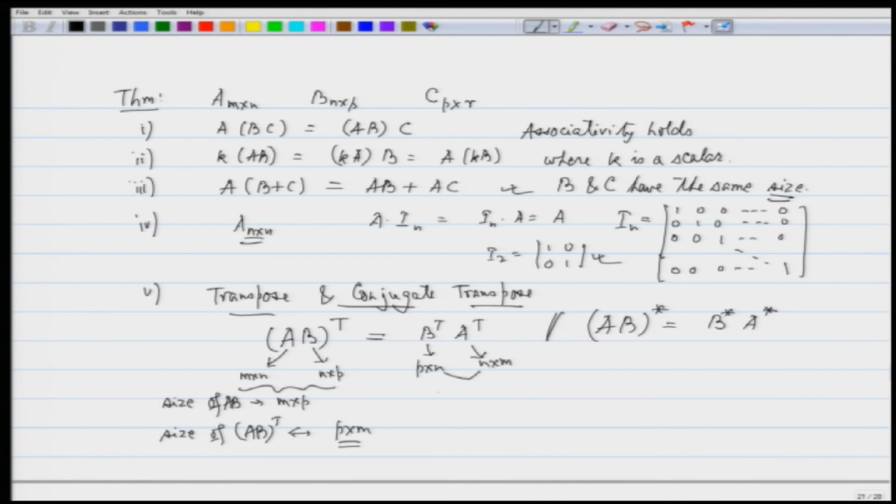So this n and n cancel out, and you do get p cross m. You can see that the sizes of the two sides are equal. Similarly, here also the sizes make sense. So, we just have to check whether the entries are the same or not. Let us prove that part.